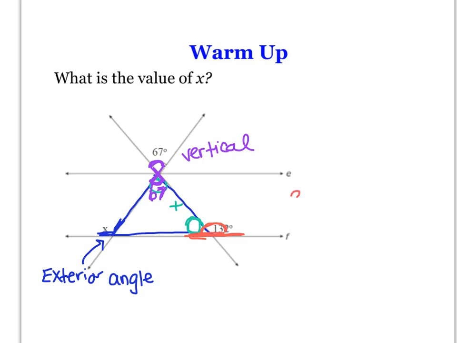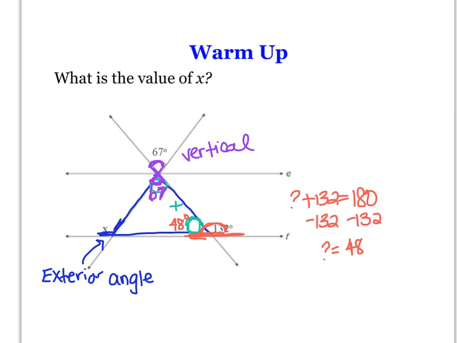So this missing angle plus the 132 all has to equal 180 because they're on a straight line. So to figure out that missing angle, I take away 132 from 180, and I'm left with 48. So 48 is the measure of the inside angle.